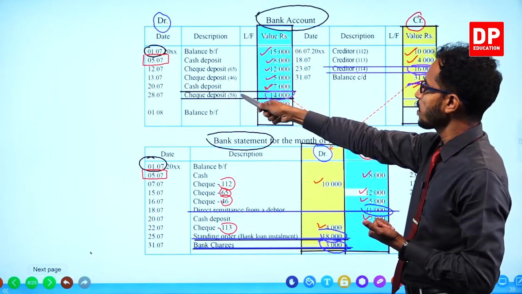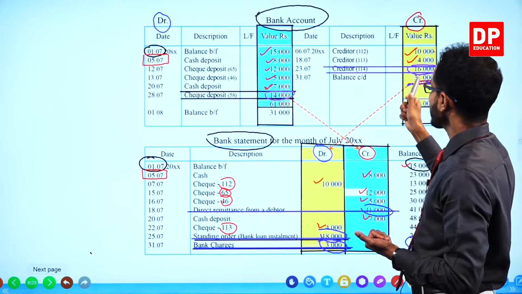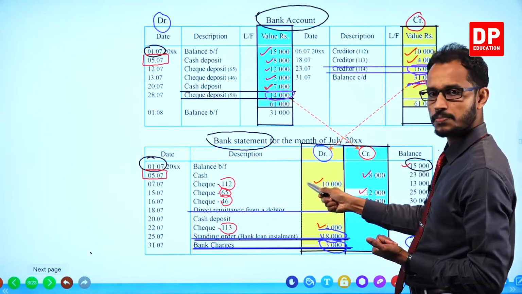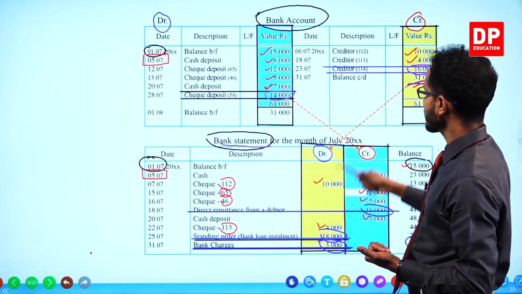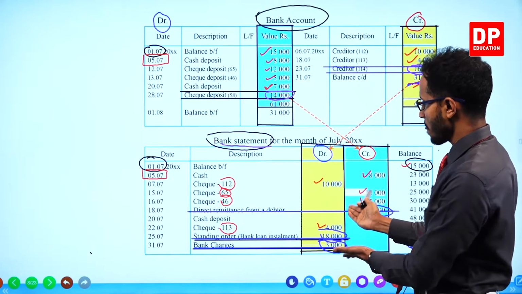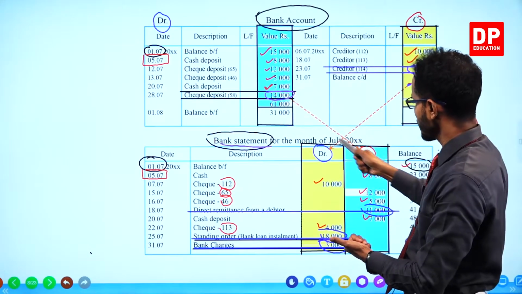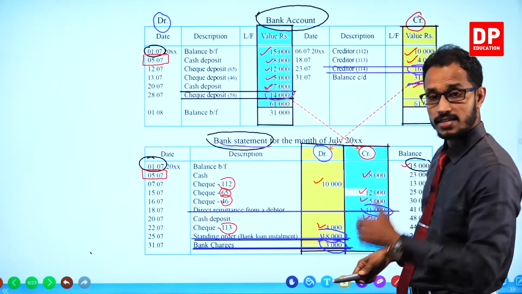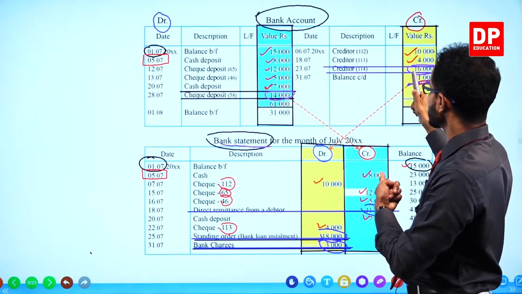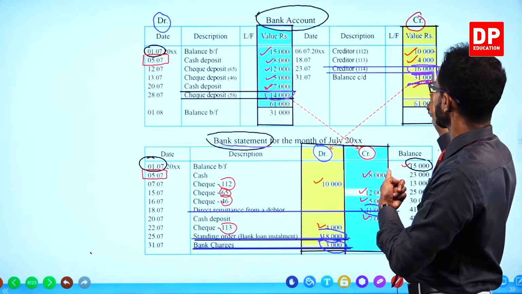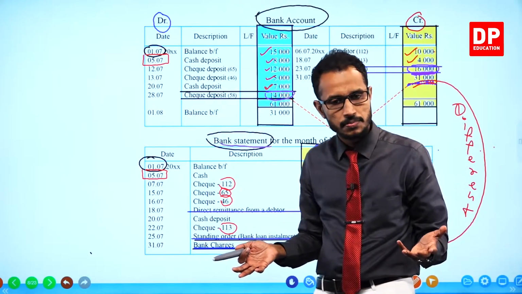We found one check which is missing in the bank statement on the debit side, and another check which is missing in the bank statement. In the bank statement, these checks were not appearing. I'm talking about this check. It doesn't appear here. And this check, the 16,000 check, doesn't appear here in the bank statement.